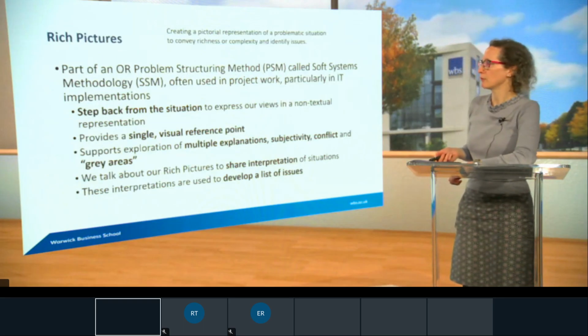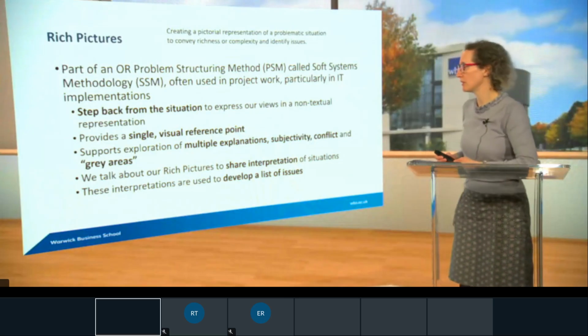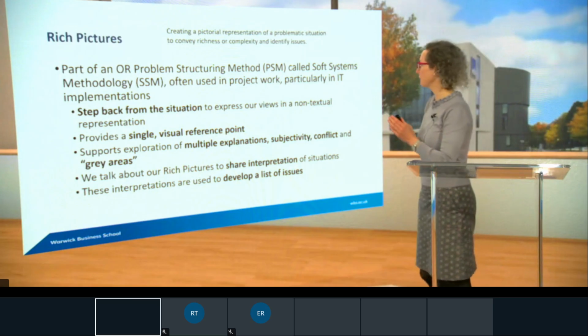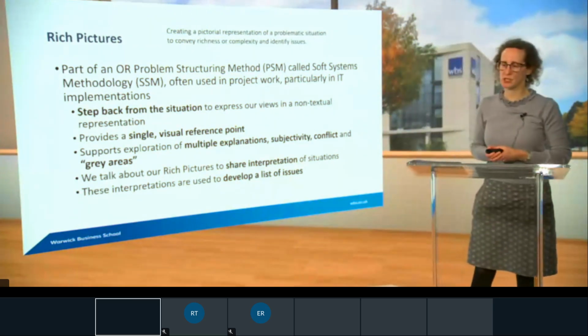And we're going to get that from rich pictures. So they're part of a problem structuring method that is called soft systems methodology. I mentioned it before. It's often used in project work and particularly in IT implementations.